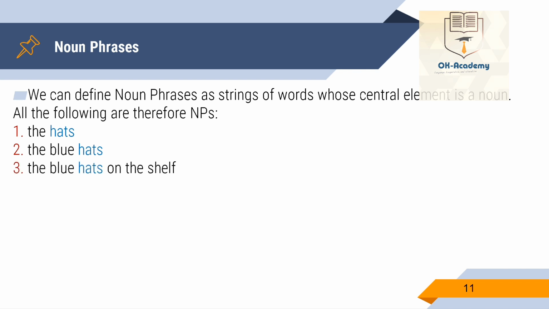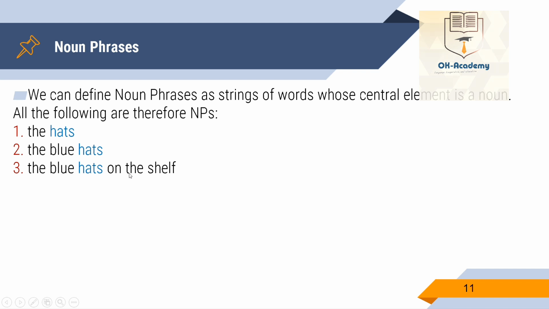All the following are therefore noun phrases, like the hats. This phrase consists of 2 words while it functions like a noun phrase. The blue hats is still one noun phrase. The blue hats on the shelf is still one noun phrase. And the central word is hats, which is the noun.